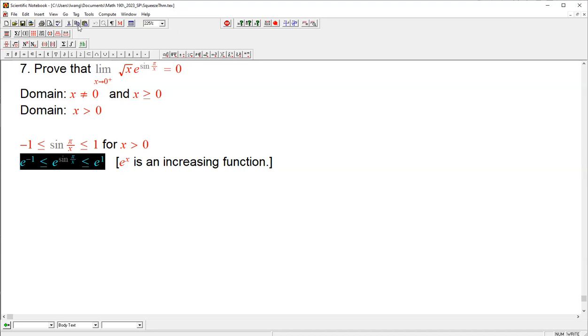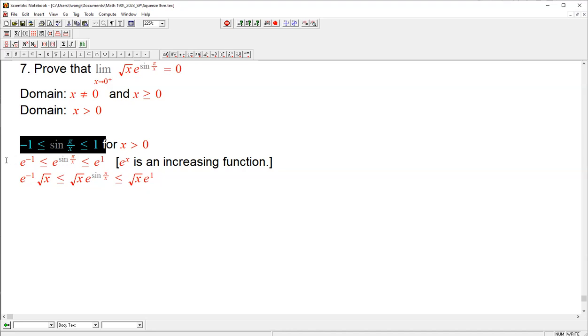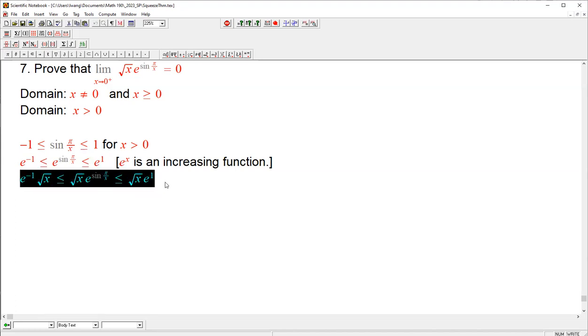So on this inequality, which is true for all x positive, we can multiply by square root of x. Because e to the power x is an increasing function, and the square root of x is also an increasing function, this will continue to be true.